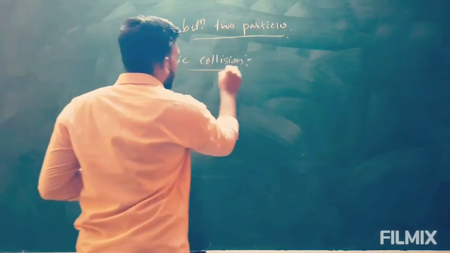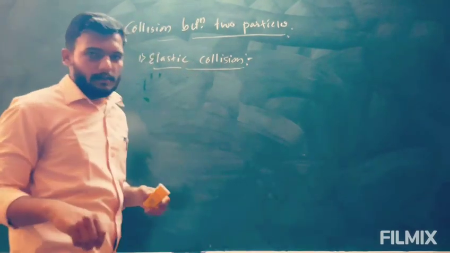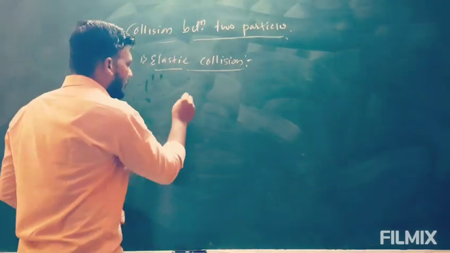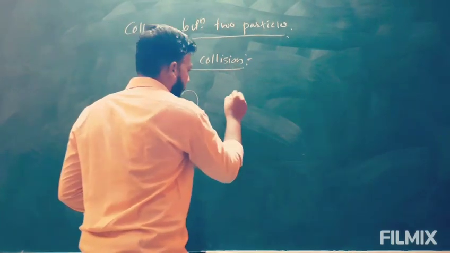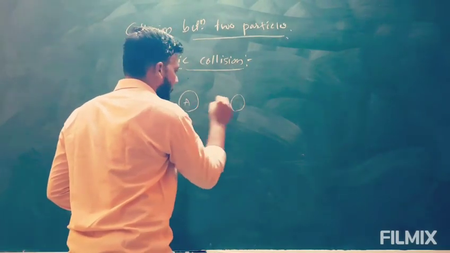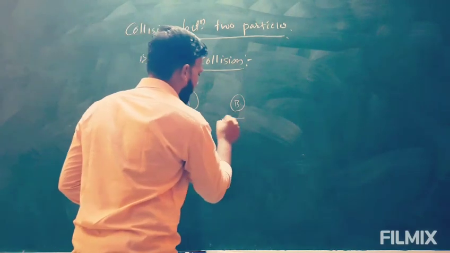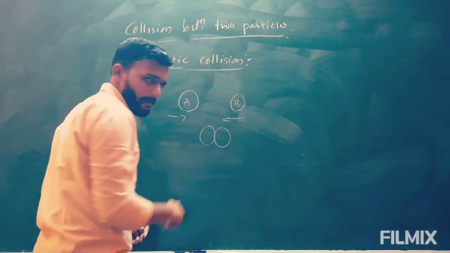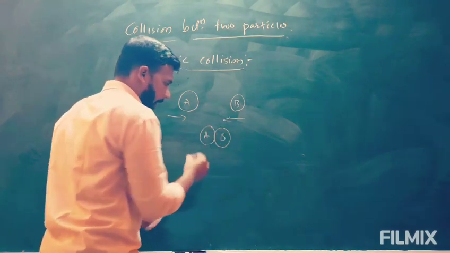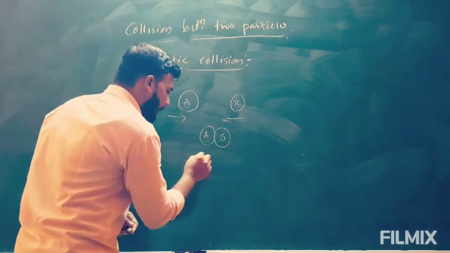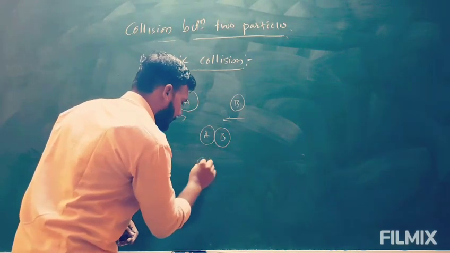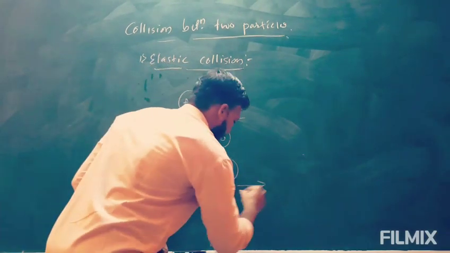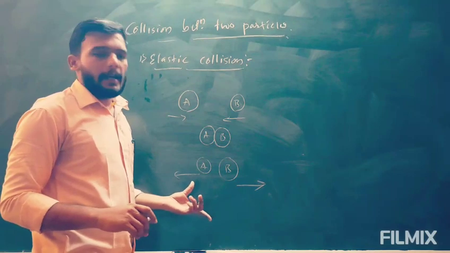First, let us understand the elastic collision. If you consider two bodies A and B, they collide with each other, and after the collision they move again with the same velocity and same kinetic energy.